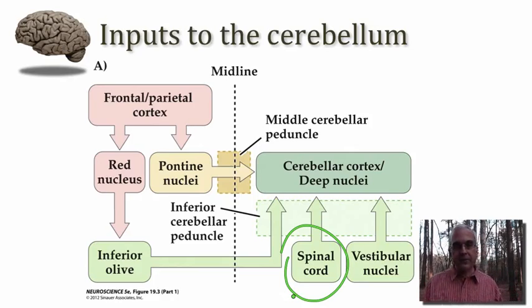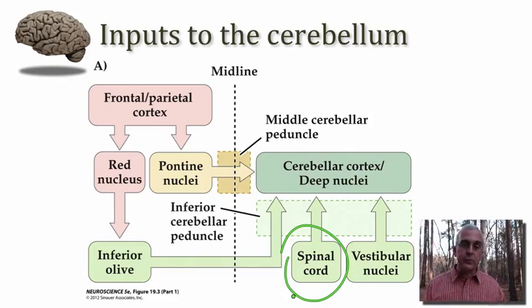The pathway that serves the lower extremity involves a relay in the dorsal nucleus of Clark, which is found in the thoracic segments of the spinal cord. The dorsal nucleus of Clark grows an axon that runs up the dorsal lateral white matter of the spinal cord and forms a tract that we call the dorsal spinal cerebellar tract.